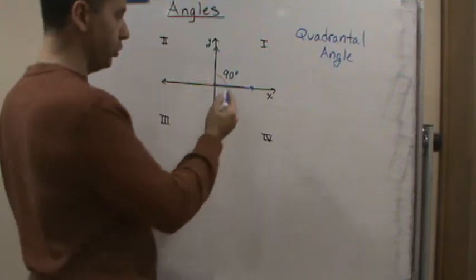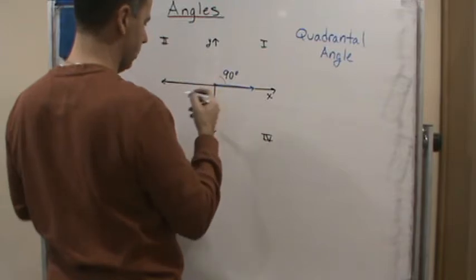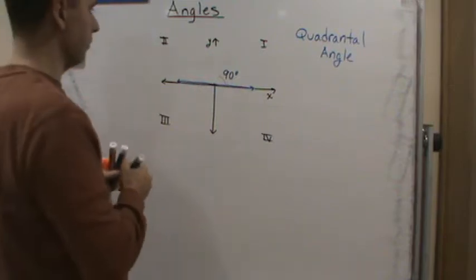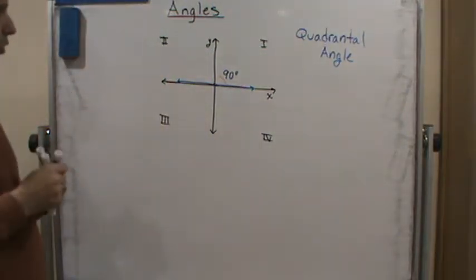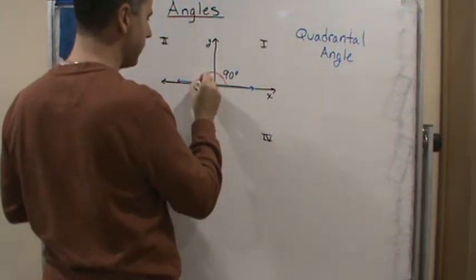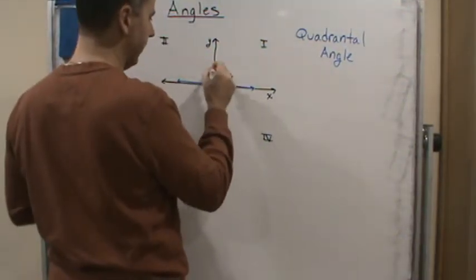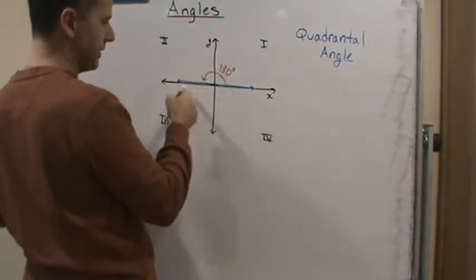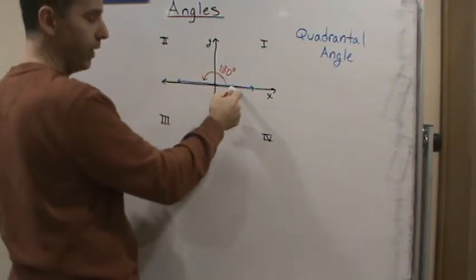If we go all the way to here, where it's a straight angle, we get 180 degrees, because it's now half of a circle, and half of 360 is 180. Each quadrant is 90 degrees, so we go 90, 180, 270, 360.